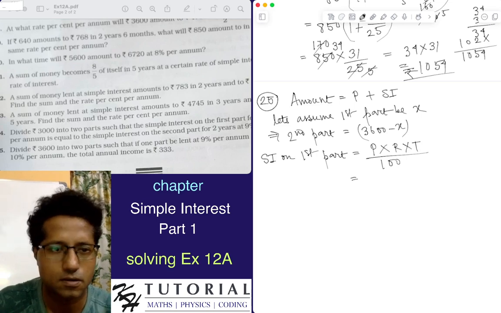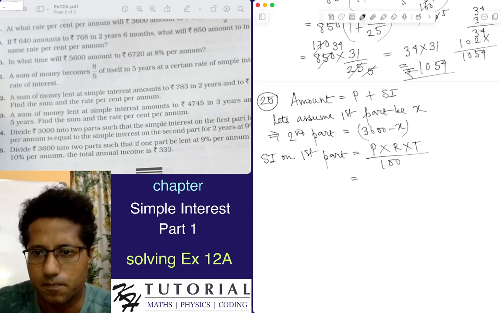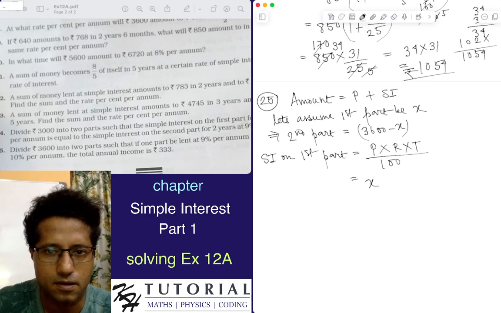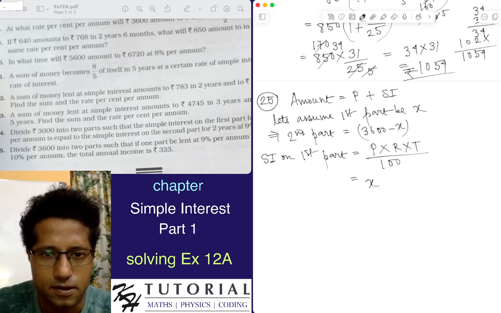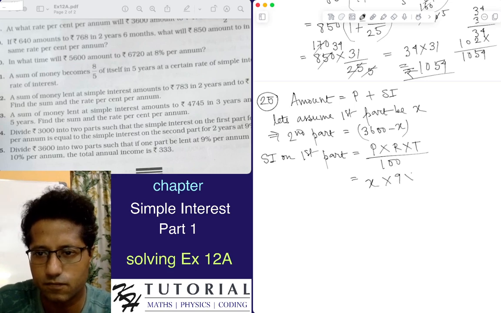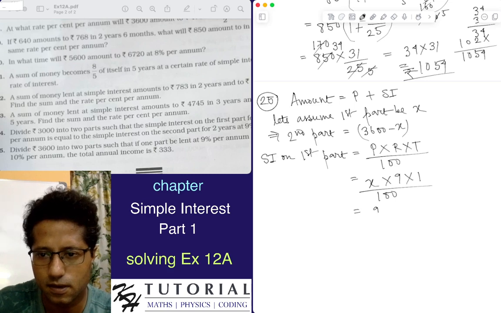This is all for 1 year. Now P, what is P? P will be the first part, that is x. And R, what is R? The first part is being lent at 9% per annum. So R is 9 and T is 1. So we have this. This is 9x by 100.